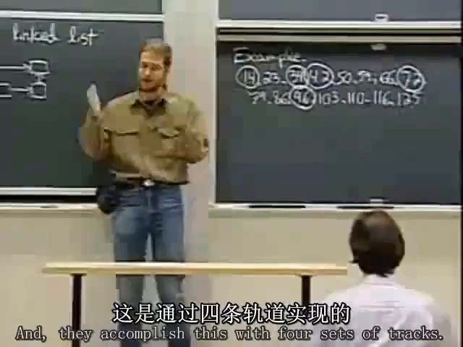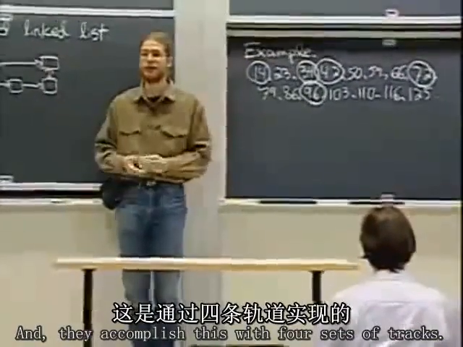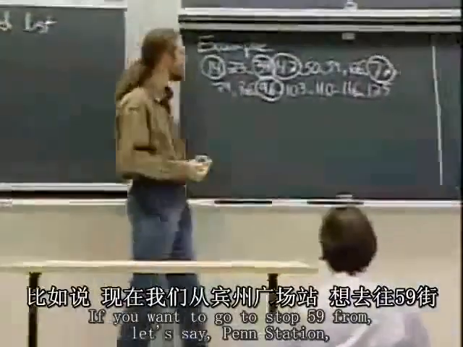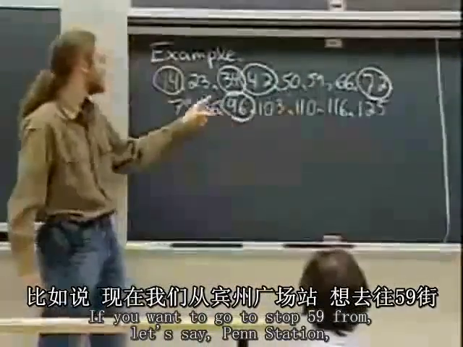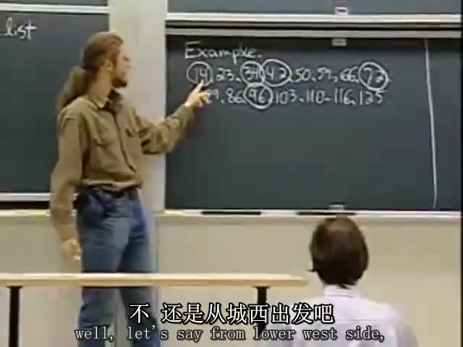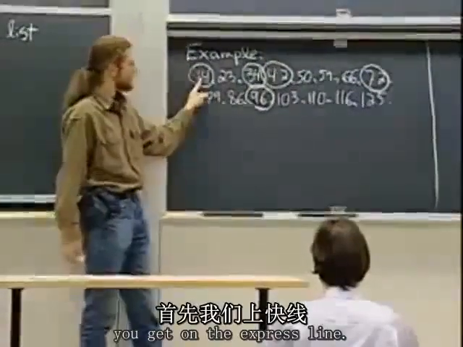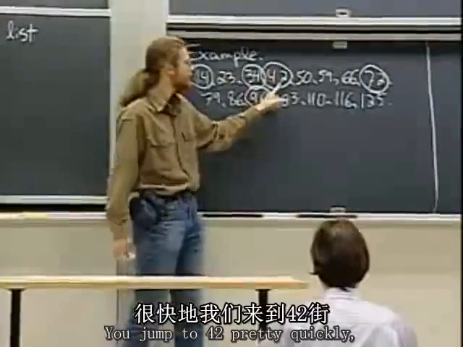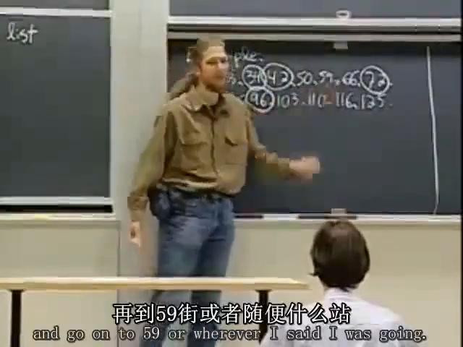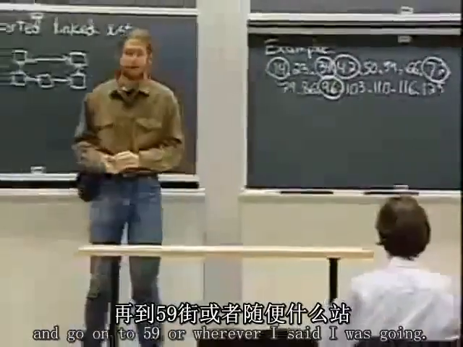And they accomplish this with 4 sets of tracks. So the express lines have their own dedicated track. If you want to go to stop 59 from, let's say, the Lower West Side, you get on the express line, you jump to 42 pretty quickly, and then you switch over to the local line and go on to 59 or wherever I said I was going.